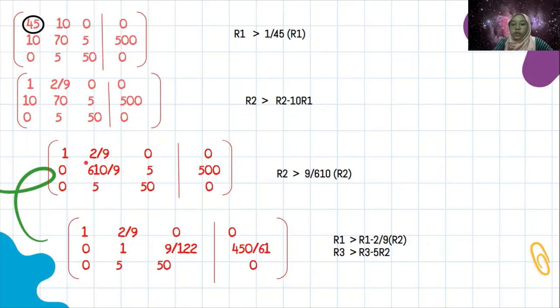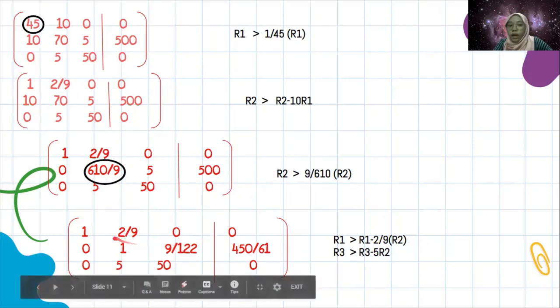After that, we focus on the second part of the diagonal, which is here. Again we want to make this part 1, so we make an equation, and all the numbers in row 2 are applied in this equation, and we get new numbers. After that, we focus on the second column.